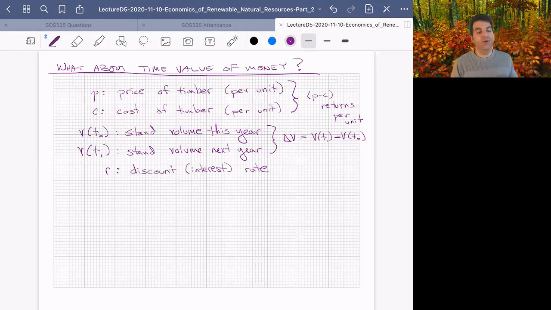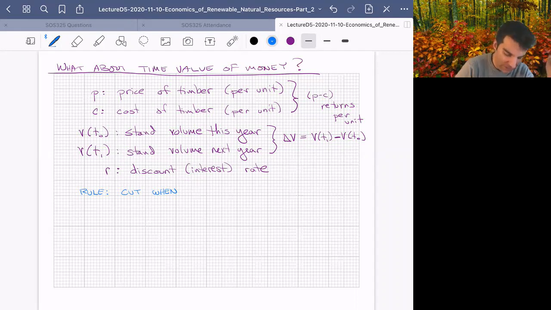All right, so this is one of those things where I need to think back to Hotelling's rule and no arbitrage conditions and set up something similar for this renewable resource. And so the Hotelling's rule-like rule that I am focusing on here is to cut when the present value of gains from this year from selling my trees are going to be greater than the present value of gains that I would get from doing the cut next year.